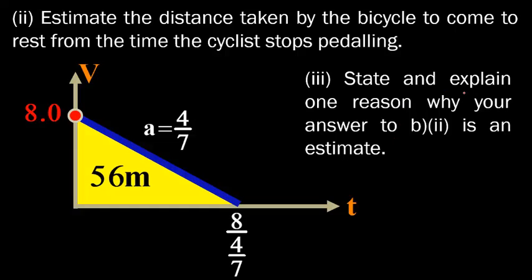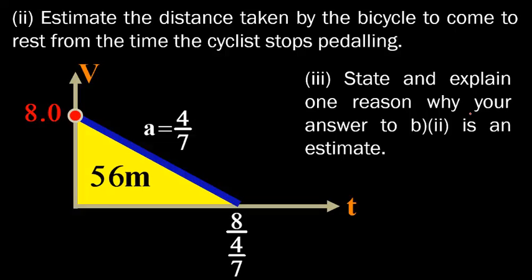Last part. State and explain one reason why your answer to B II is an estimate. We know that air resistance depends on the velocity, and when the velocity decreases, the air resistance is decreasing.